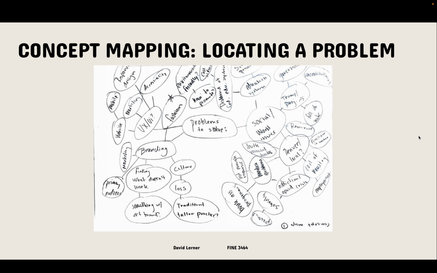So when I was locating a problem, I was doing mind maps, and I went two routes. It was design problems and it was social and world issues. And you can see a lot on the right side, which is the social issues. I delved into youth mental health, and I focused on Denver and addiction and all these things.